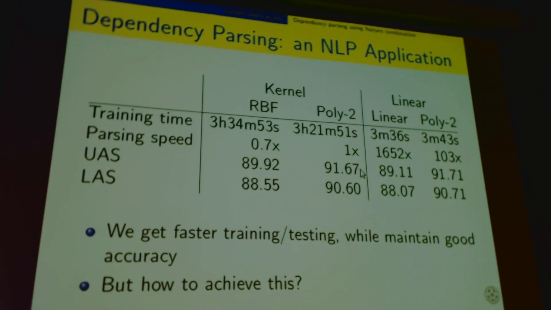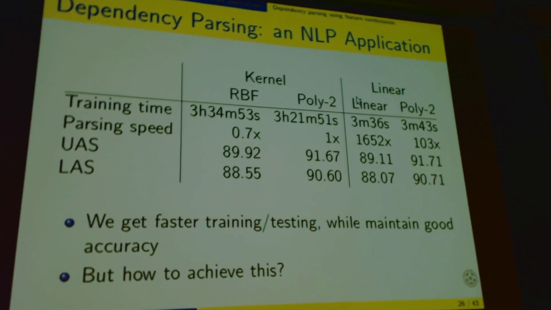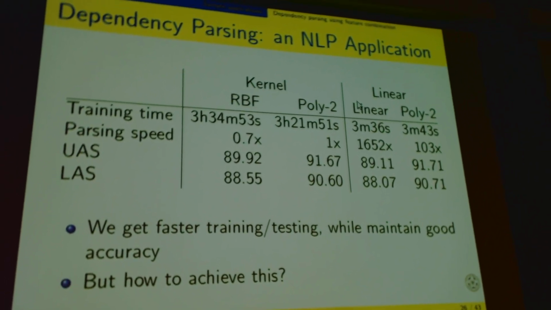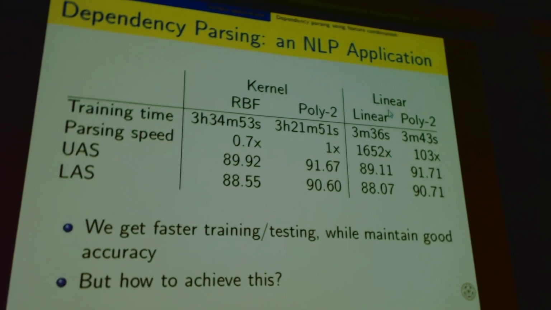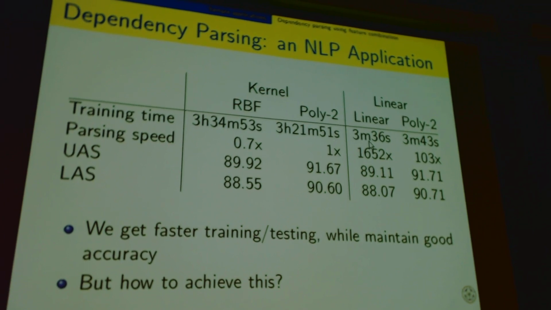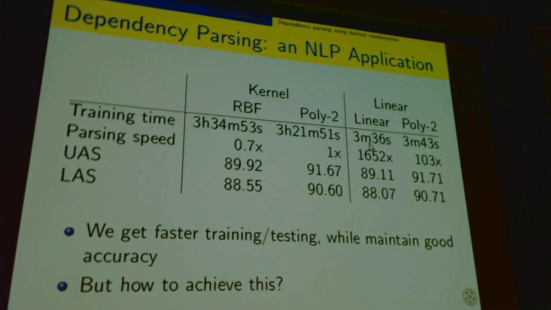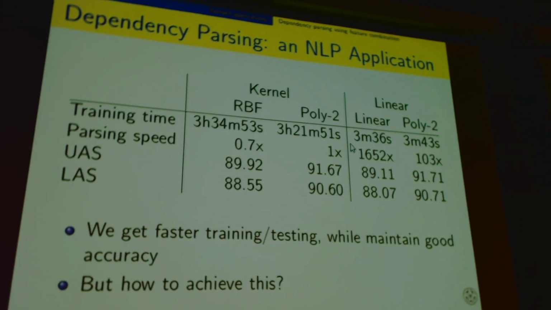But we are not satisfied with the training time, so we use linear. If we just apply linear classification, you can see that the training time is dramatically reduced to 3 minutes. That's 60 times faster.